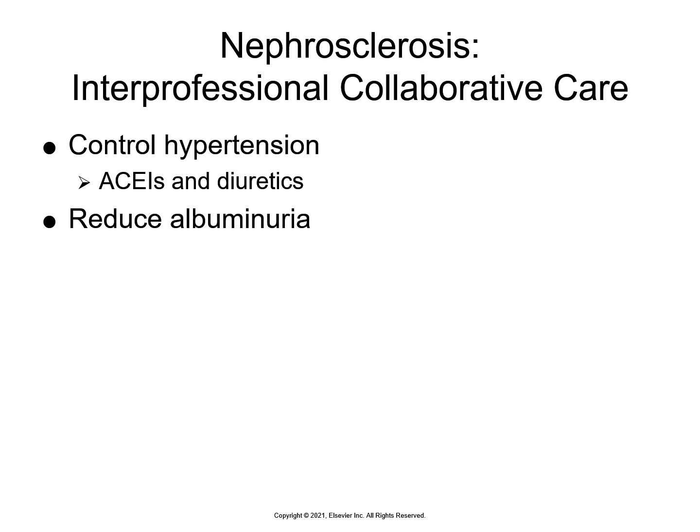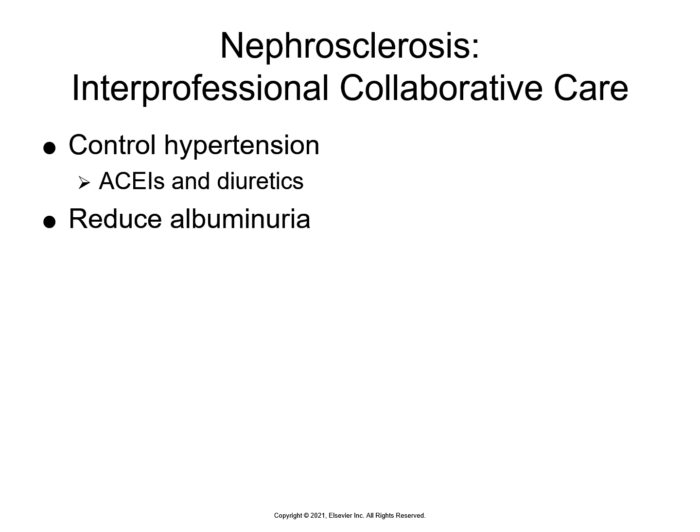The diuretics will decrease the amount of fluid on board, which will also decrease the blood pressure. And of course, you want to reduce albuminuria. Adherence to therapy is very, very important for maintaining their health.